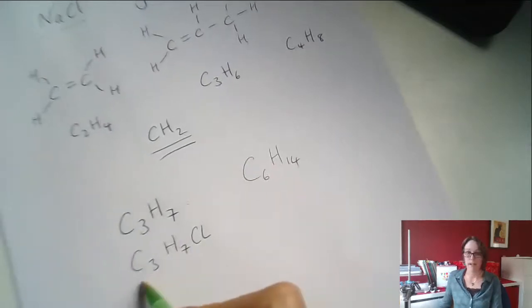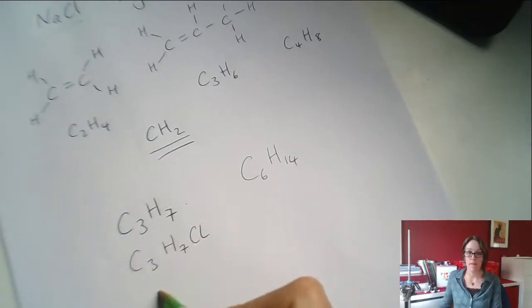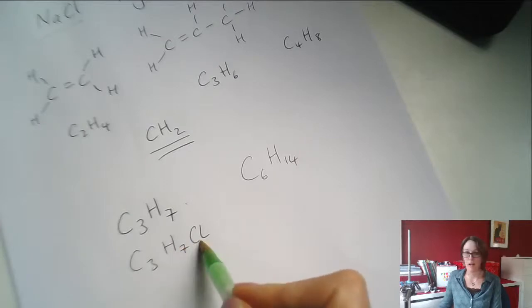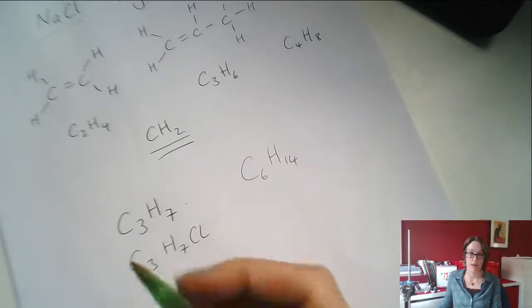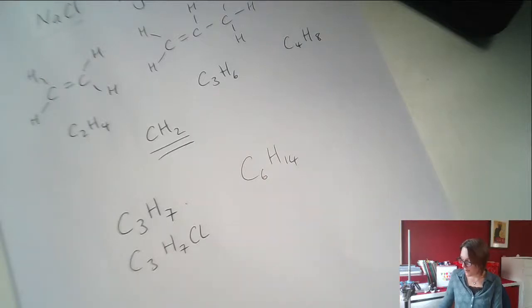So that, as an empirical formula, is fine because I've swapped in a halogen for a hydrogen, and obviously I could keep doing that, C3H6Cl2 and so on. So that works if there's oxygen as well. If there's oxygen, there still needs to be an even number of hydrogens for it to be a valid molecular formula.